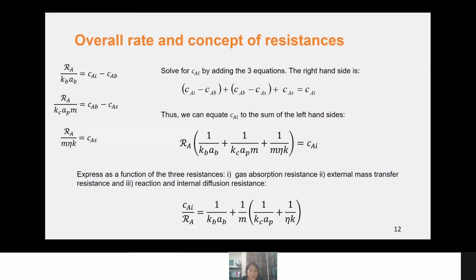The steps in a three-phase reactor are very similar to two-phase reactors, but now we consider the absorption step for the gaseous reactants. So now we have absorption, external diffusion, internal diffusion, and surface reaction.